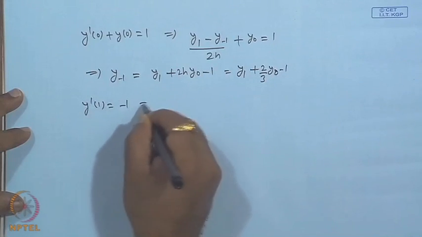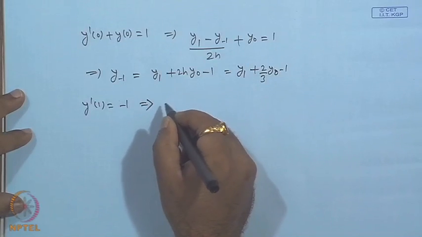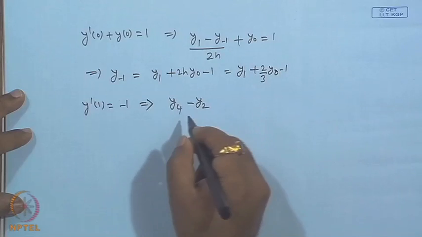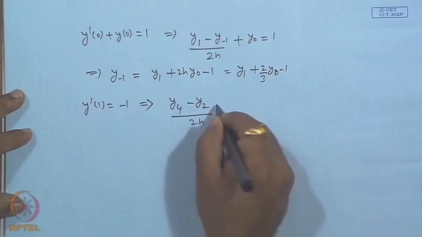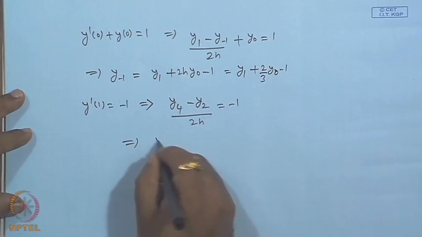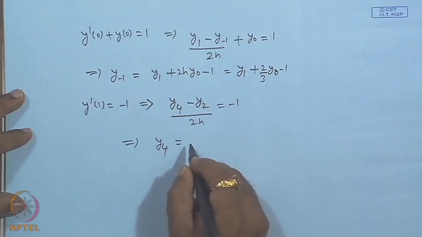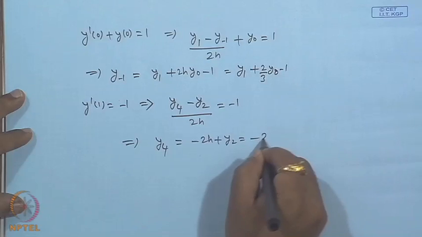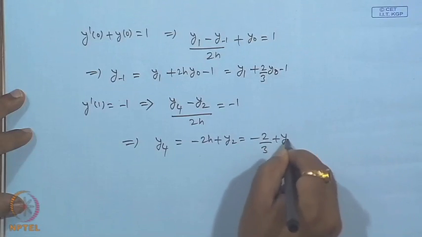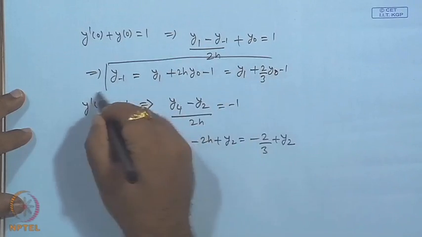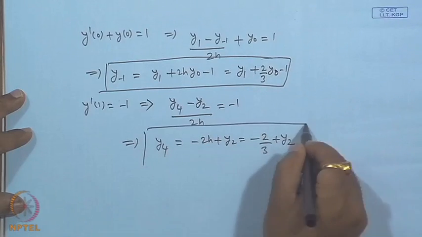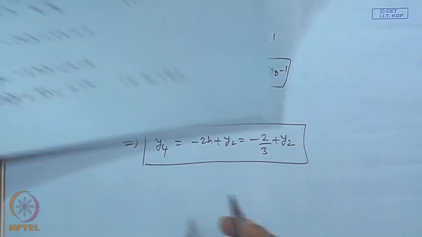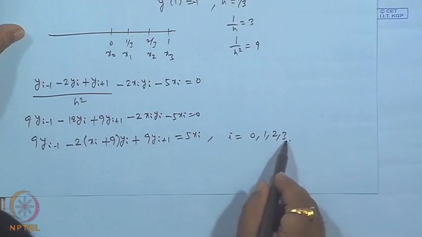and the other one we have y dash 1 is minus 1. So, this implies y 4 is y 2 by 2 h minus 1. So, this implies y 4 is so we have two fictitious values, then we run the equation 0, 1, 2, 3.